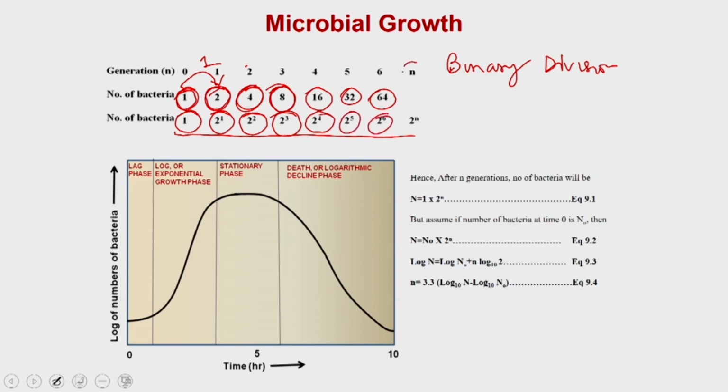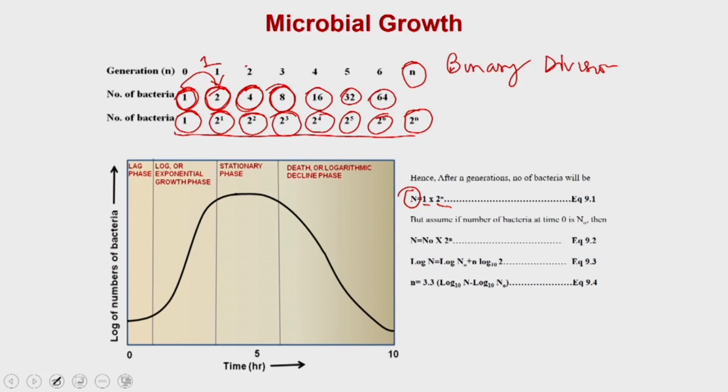So, you can imagine if you have to count the number of bacteria in the nth generation, then it will be 2 to the power n, which means in equation form, the number of bacteria will be 1 into 2 to the power n.